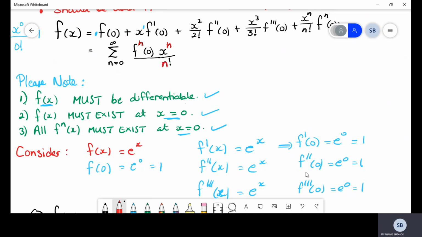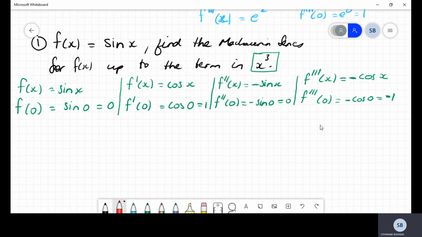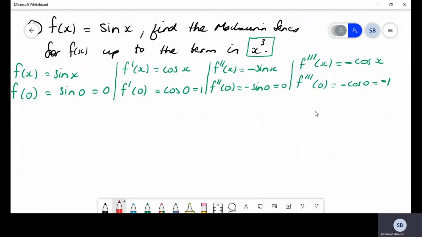Okay, so heading back down to our question, we just need to apply the standard expansion and put this answer together. So Maclaurin's expansion goes like this.